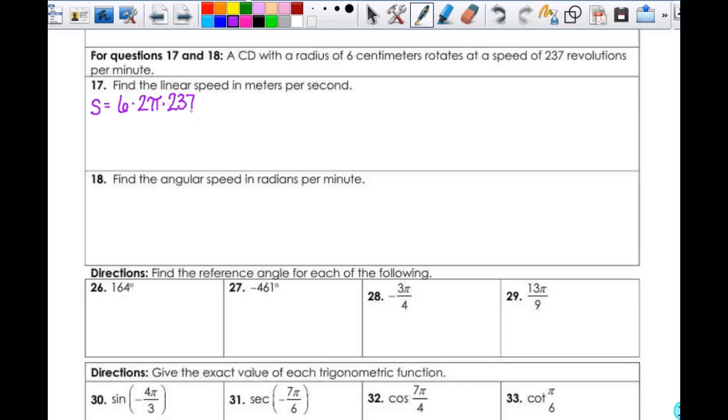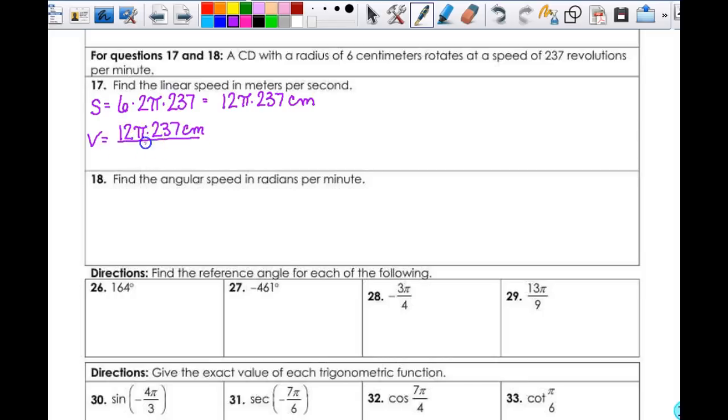So I think I will just do 6 times 2, and I'll leave that as 12 pi times 237 centimeters for the moment.